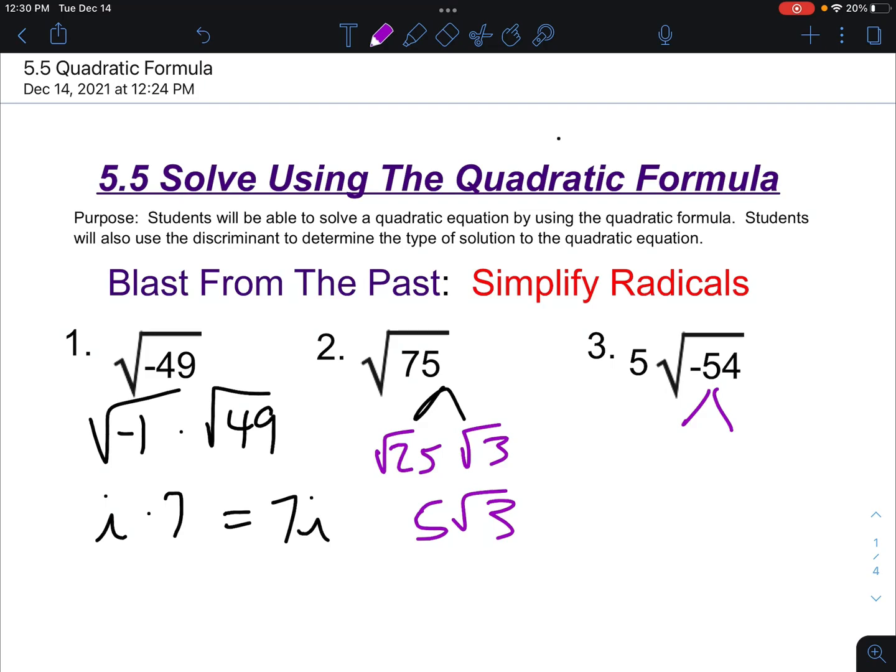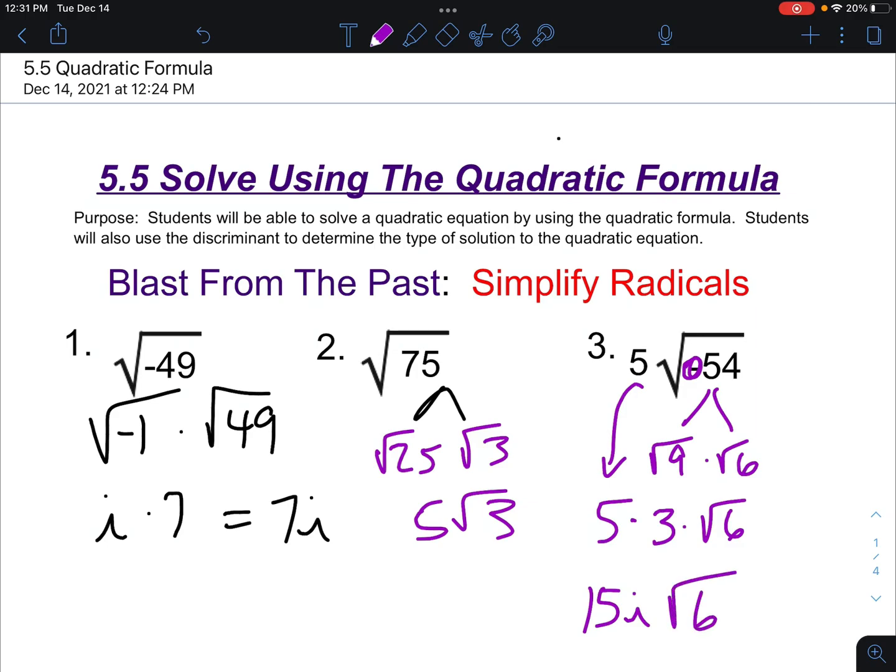So, and it's going to be i. So we're going to do square root of 9 times the square root of 6. That's going to be 3 times the square root of 6. 6 can't be broken down anymore, except for 2 and 3. So we're going to bring this 5 down. 5 times 3 is 15. And then we had the negative under the radical sign, so that's going to give us an i times radical 6.